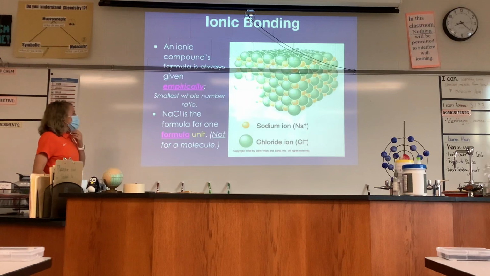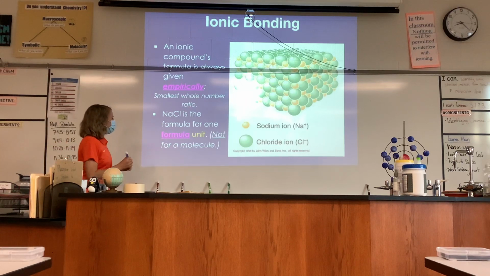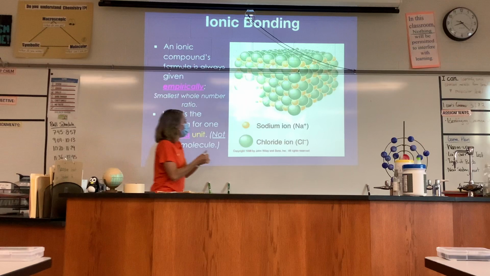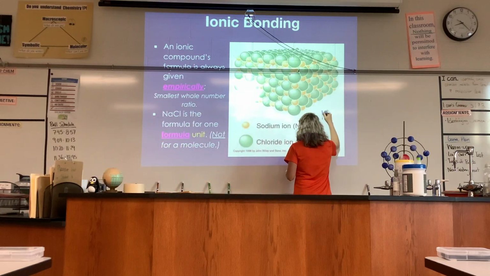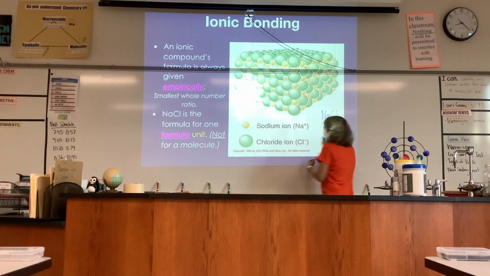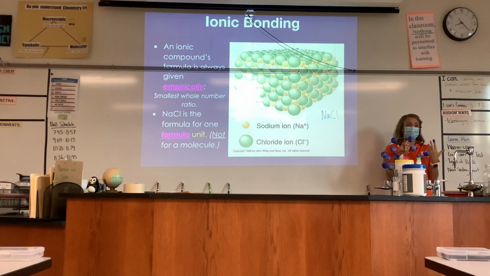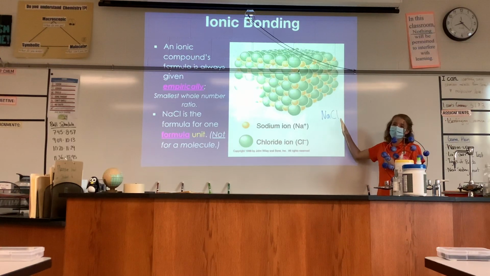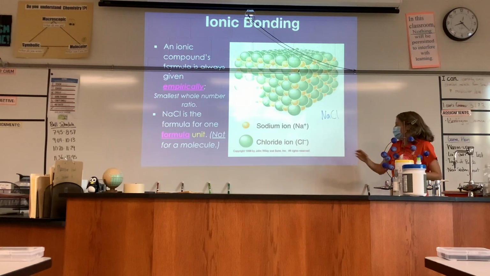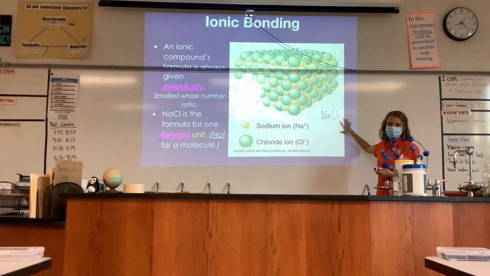Okay? Now, what's important to recognize is the formula we write, so like for this, NaCl, this just tells you the ratio. It tells you for every one Na, there's going to be one Cl. But technically, in your sample, you could have like 20 of these and 20 of those. We don't really know, it depends on how much stuff you have.